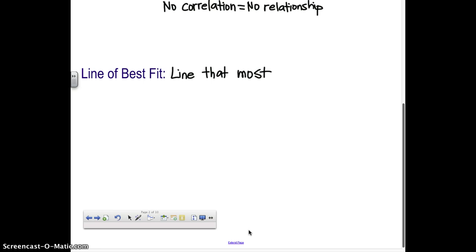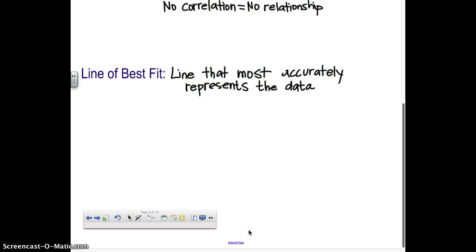The weaker, then your line isn't going to be perfect. So we really use line of best fit when we have that strong correlation. We write this line of best fit the same way we've been writing equations of lines all along. We gotta know slope, we gotta know points, and then we can write the equation of a line.